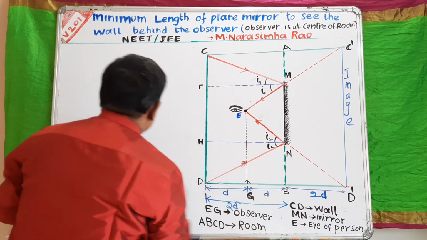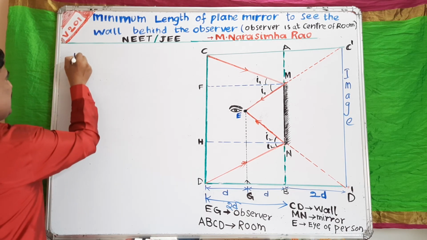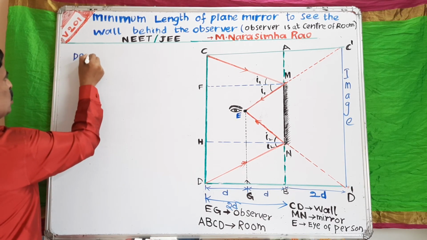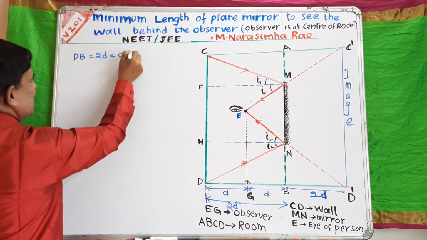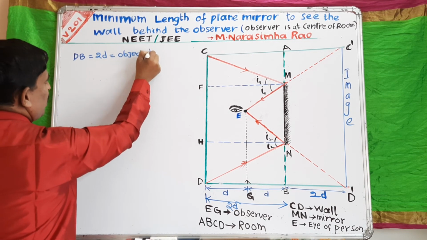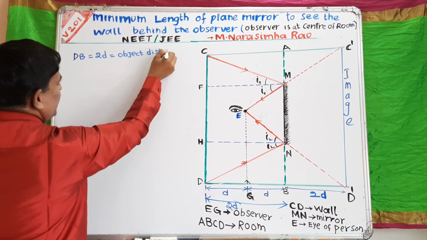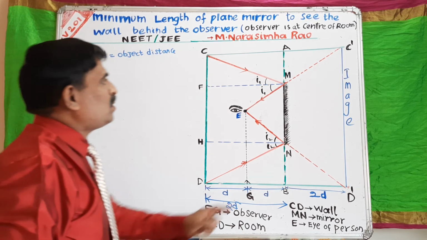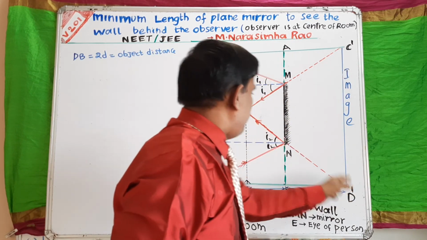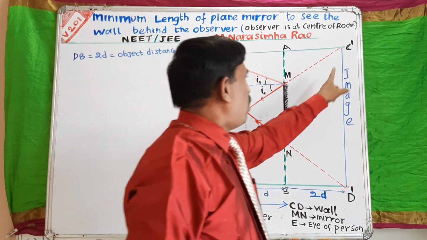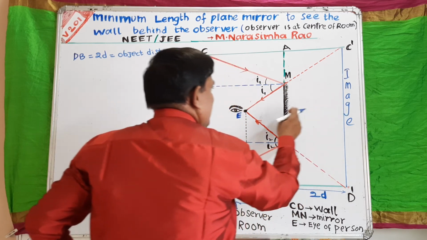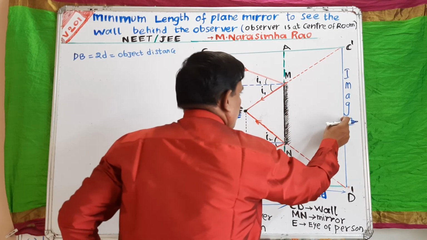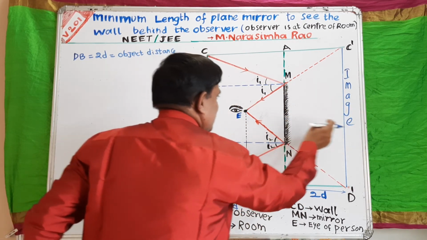DB is equal to 2D, nothing but the object distance. Now C dash D dash is the image of this wall. The distance between the image and this plane mirror we call the image distance.